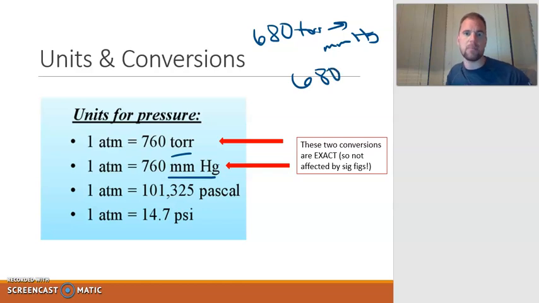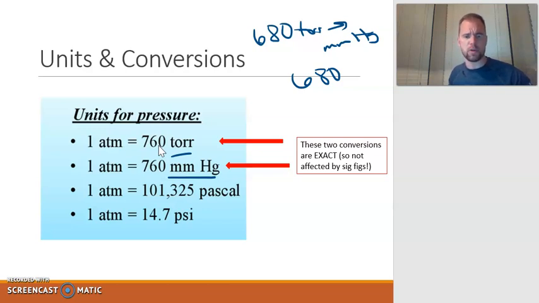There's 680 millimeters of mercury because it's the exact same unit. The other thing is, note that these two conversions are exact. There's exactly 760 torr or 760 millimeters of mercury in 1 atmosphere. So when you are figuring out what your sig figs are for a problem, remember it's not going to be based off of these two, because they're exact conversions.